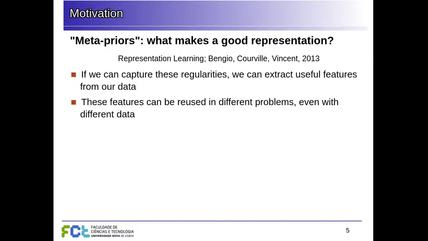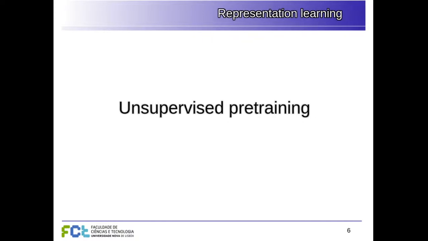So this is the general idea behind representation learning, trying to find these aspects of the data that can be useful for more than just a simple application on a particular data set.